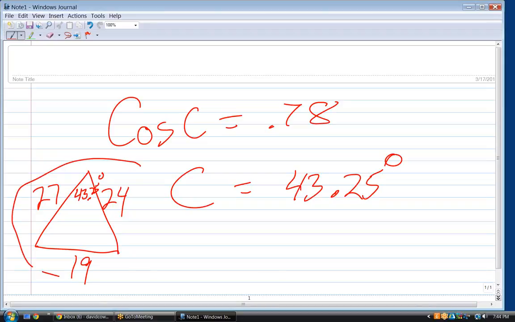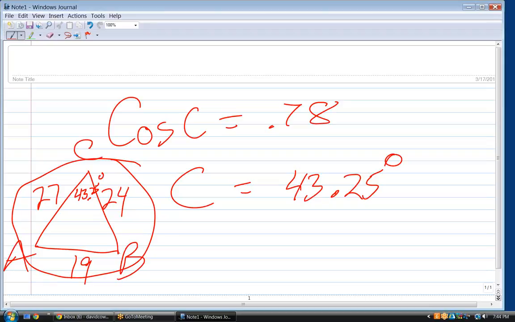Well, now it's easy, because now we have an angle and its opposite side, so we can finish and solve for any other angle, which is either this one or this one, using the law of sines. So what would the next step be? Let's see, this was C, this was A, and this was B, I believe. So how do I finish solving this triangle?